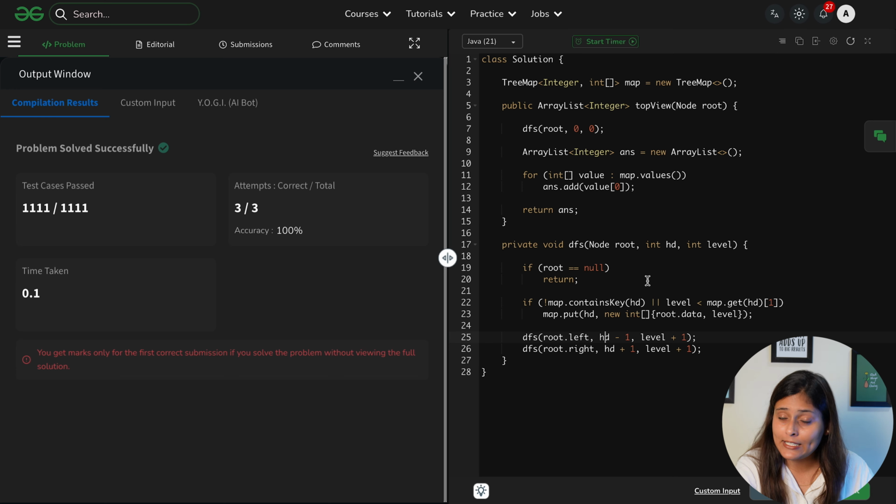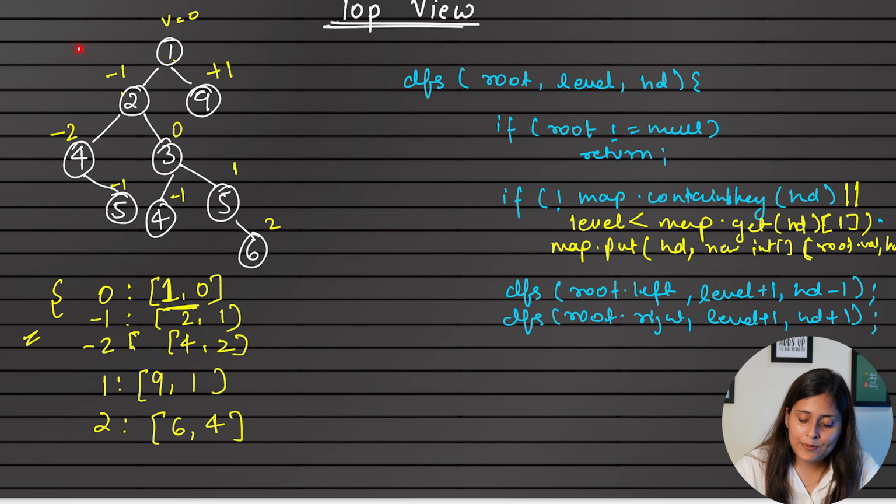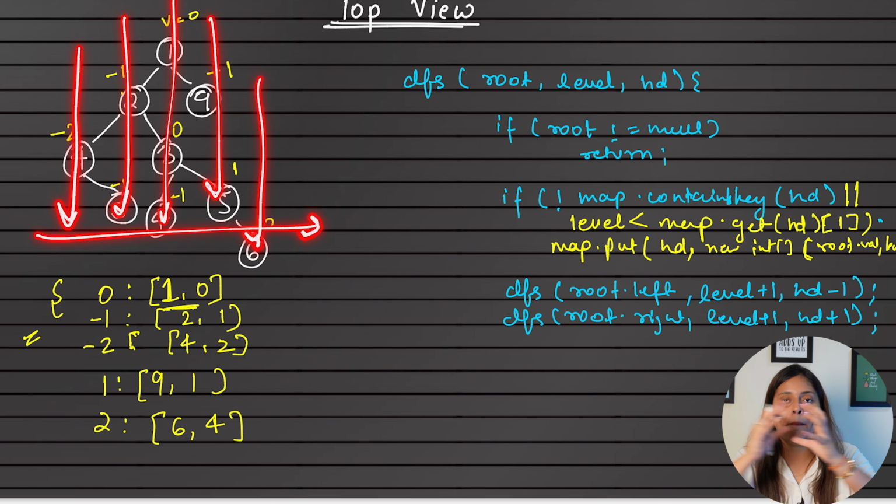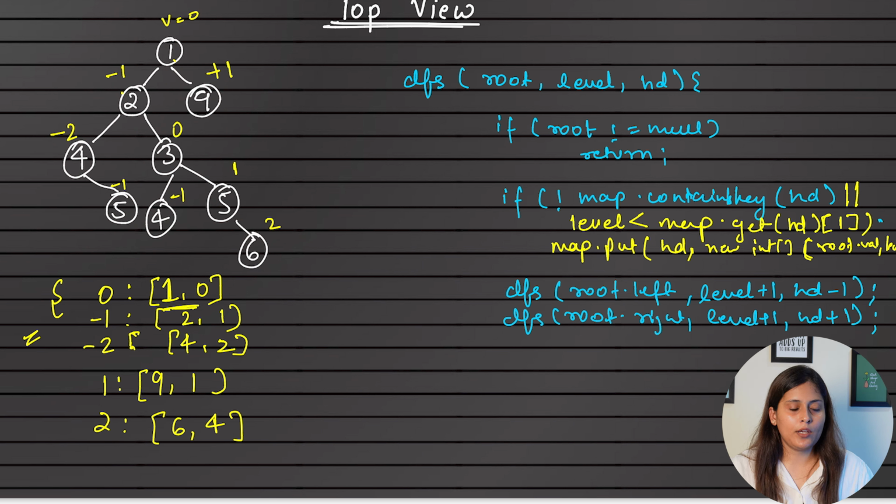If it is a skewed tree, then O of n. And definitely this tree map is going to take space. So for every vertex, we are going to store one element, okay. So map size will be 1, 2, 3, 4, 5. And this length is nothing but the maximum width of the tree, okay.